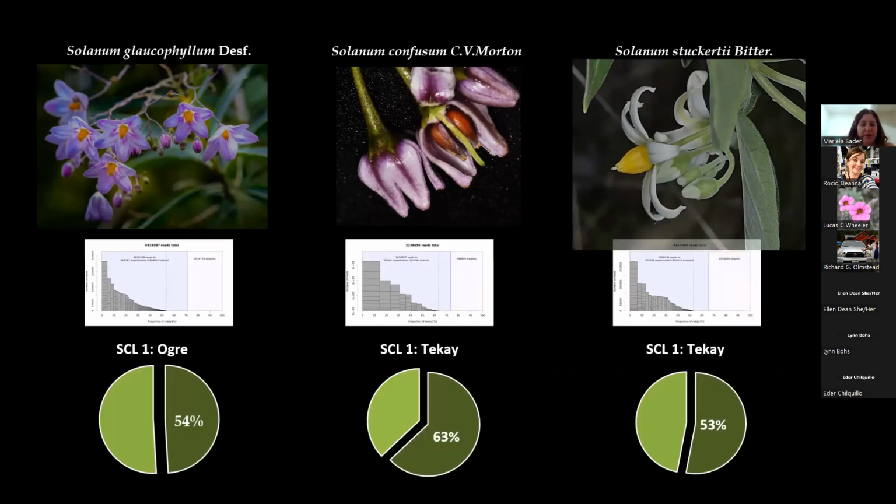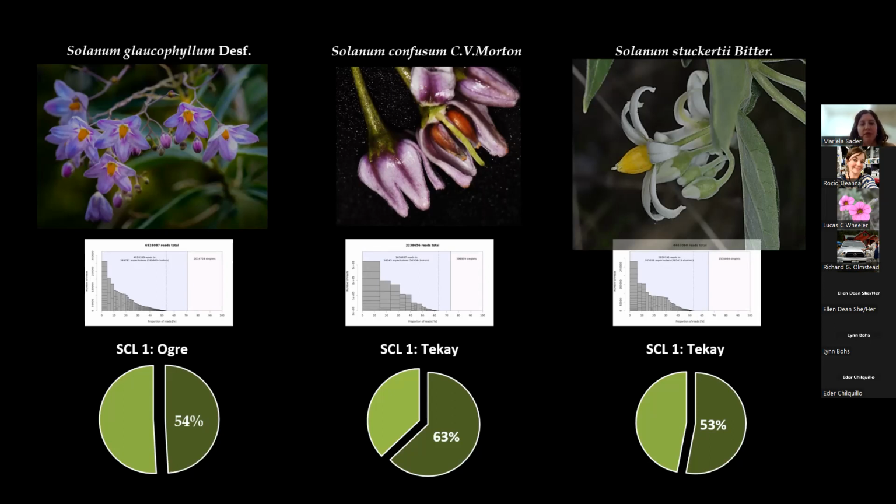Regarding the repetitive fraction, this represents 54% of the genome in Solanum glaucophyllum, 63% in Solanum confusum, and 53% in Solanum stuckertii.